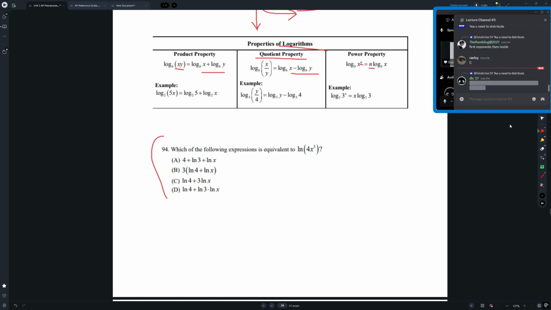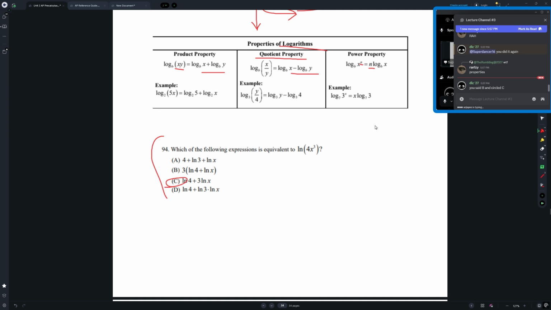And 94 is C. Any questions on this? I said 94 is C. Maybe I'm reading the chat, so maybe that's why. All right, 94 is letter C. Any questions on this? All right.